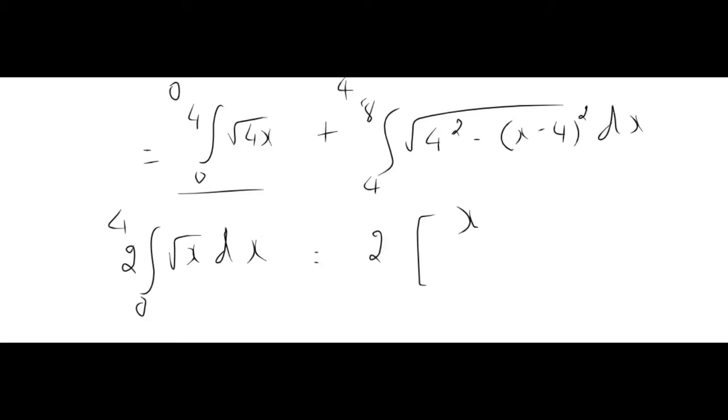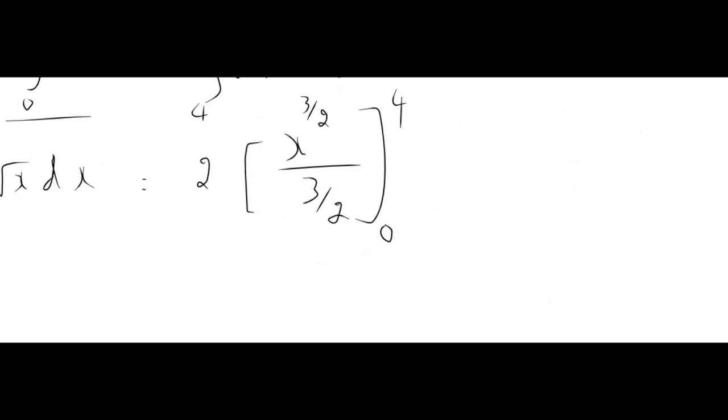So when I integrate, integration of root x will be x to the power of half plus 1, which is nothing but 3 by 2, divided by half plus 1, which is nothing but 3 by 2, between the limits 0 and 4. Now applying the limits, we get 2 times, when I reciprocate, 2 by 3, 4 raised to the power of 3 by 2 minus 0.